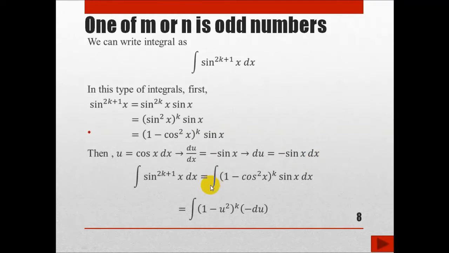For the next step, we can see that sin to the power of 2k plus 1 of x here we can change with this function, (1 minus cos x squared) to the power of k and then sin x. So we get the integral of (1 minus u squared) to the power of k, and sin x dx is equal to negative du.